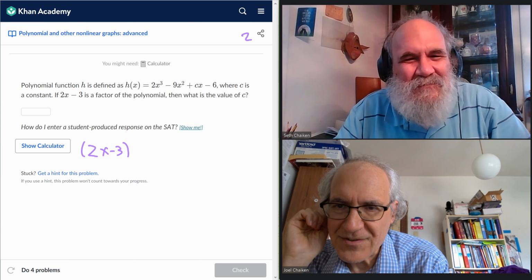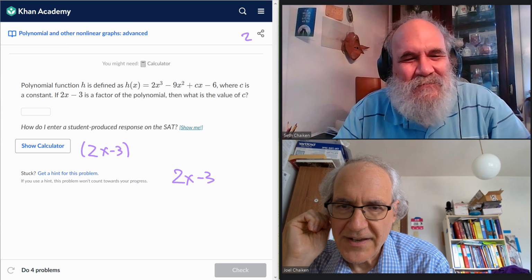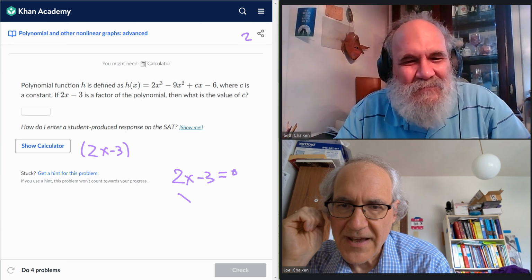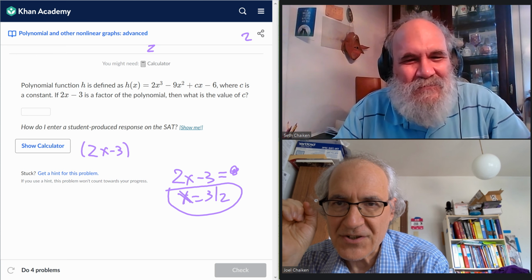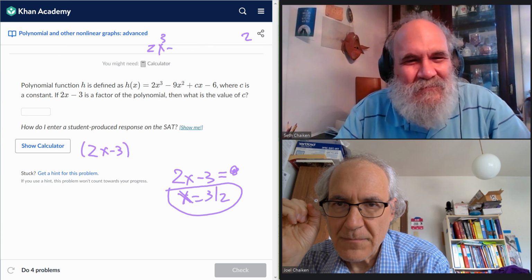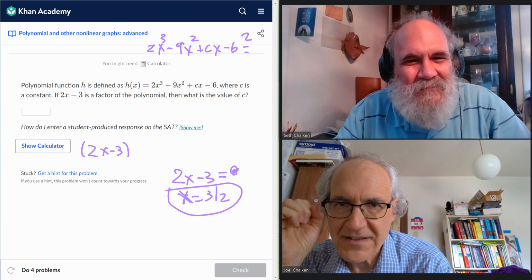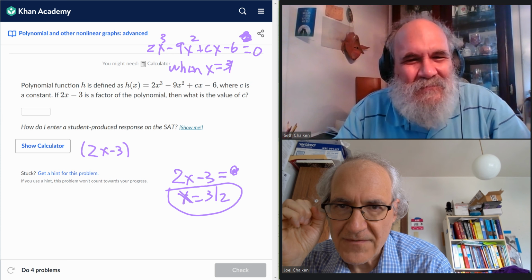If 2x minus 3 is a factor of the polynomial, then 2x minus 3 equals 0, so x equals 3 halves is a root to the equation. So, if x equals 3 halves is a root, that means that 2x cubed minus 9x squared plus cx minus 6 equals 0 when x is 3 halves. And that gives you one equation, one unknown.